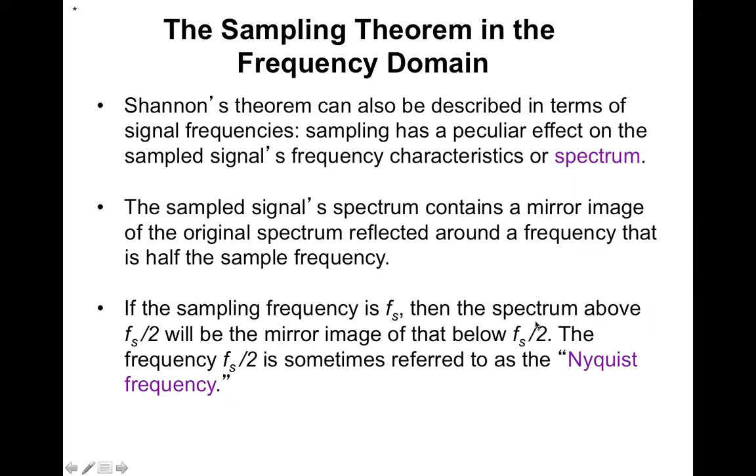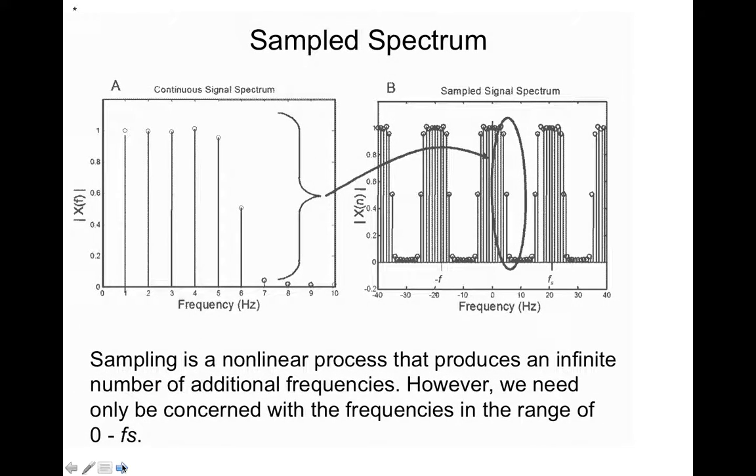So let me show you a picture of that. Here's our continuous signal spectrum. If we now sample this signal, we're going to get that signal repeated with each sampling period, or with an integer multiple of the sampling frequency, reflected.